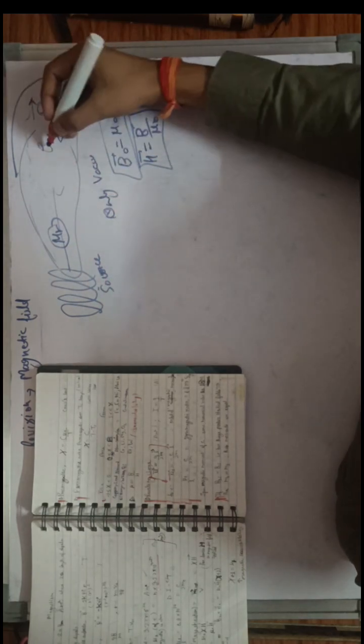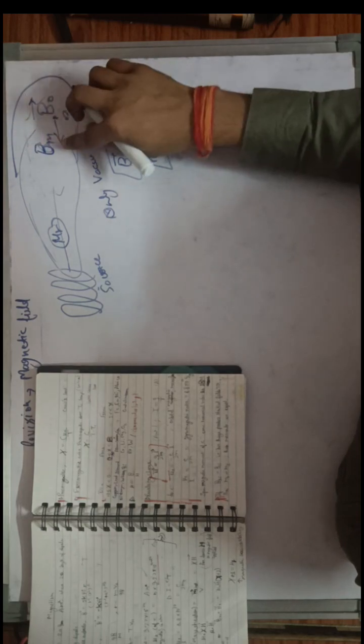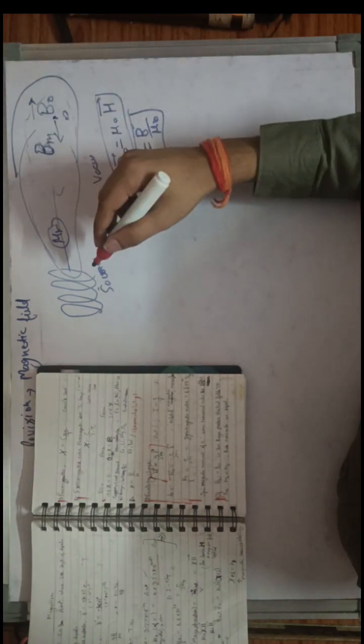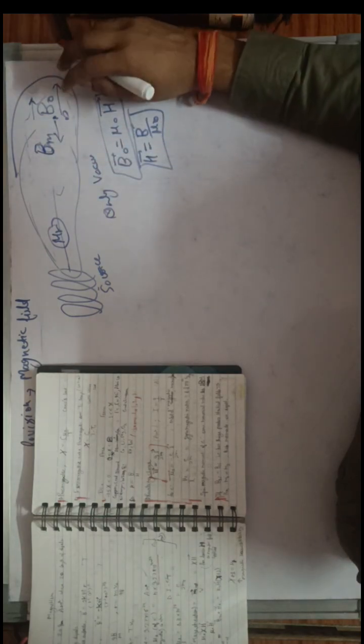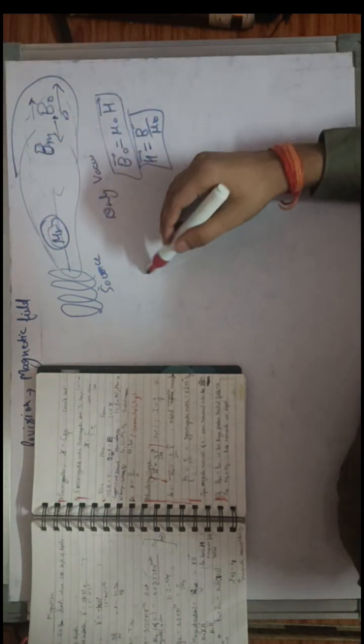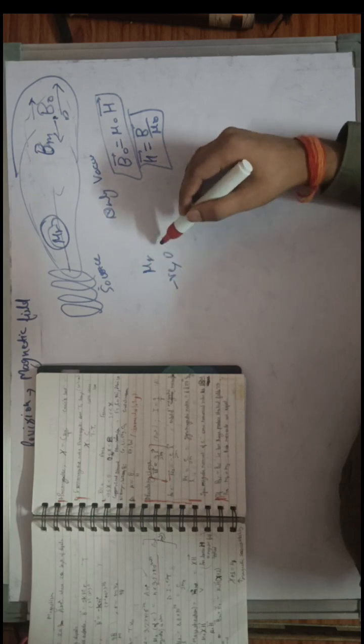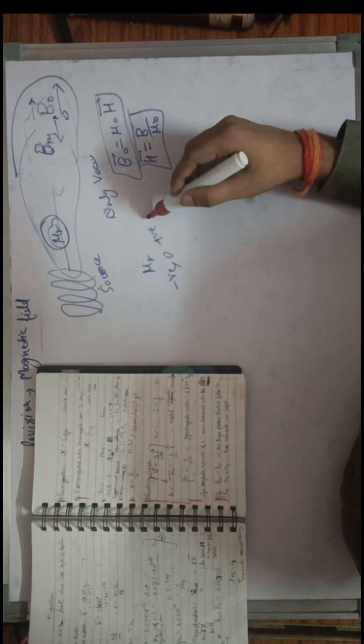The medium can produce some magnetic field, let's denote it by Bm. Then this Bm can be in the opposite direction of B naught or in the same direction as B naught. It depends on the value of mu r, where mu r can be negative, 0, or positive.